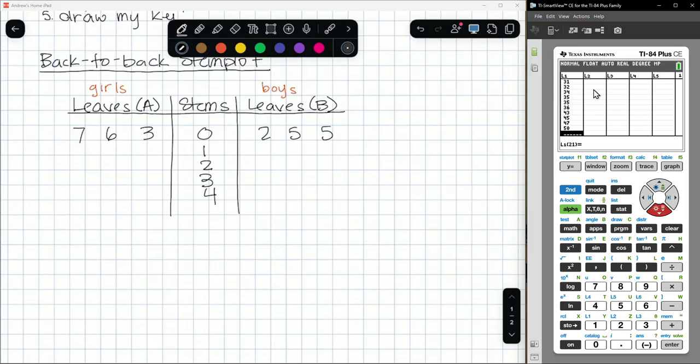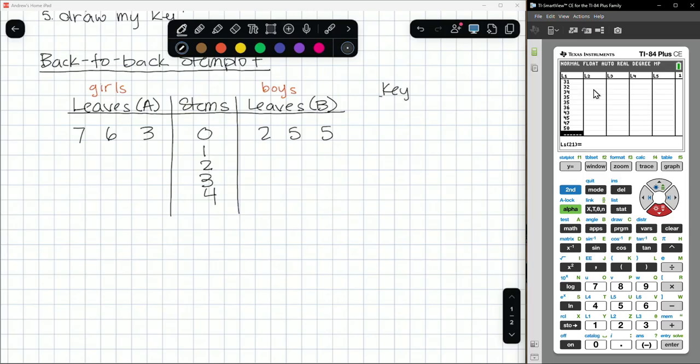You'll notice, I'm not going to fill out the rest of this, two things. Stems in the middle, on both sides, it goes smallest to largest, going out from the middle. So if we're doing back to back, the left side is going to look like it's backwards. The other thing is that you need to provide a key for both sides.